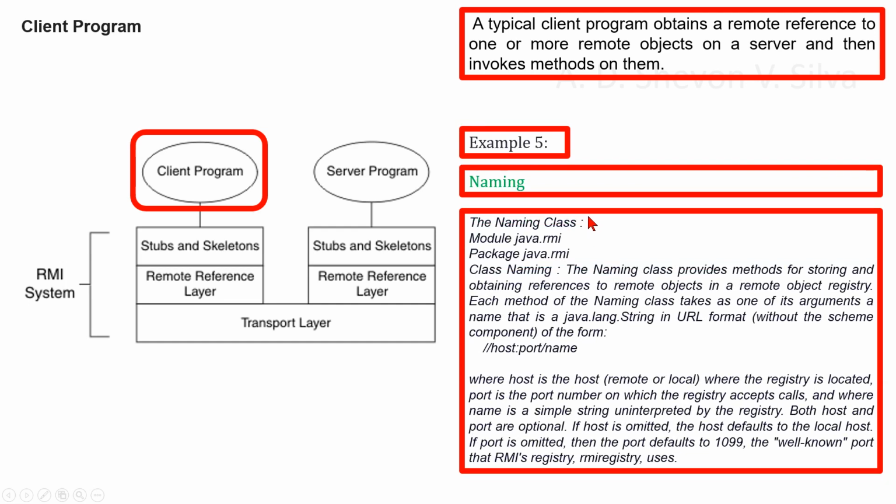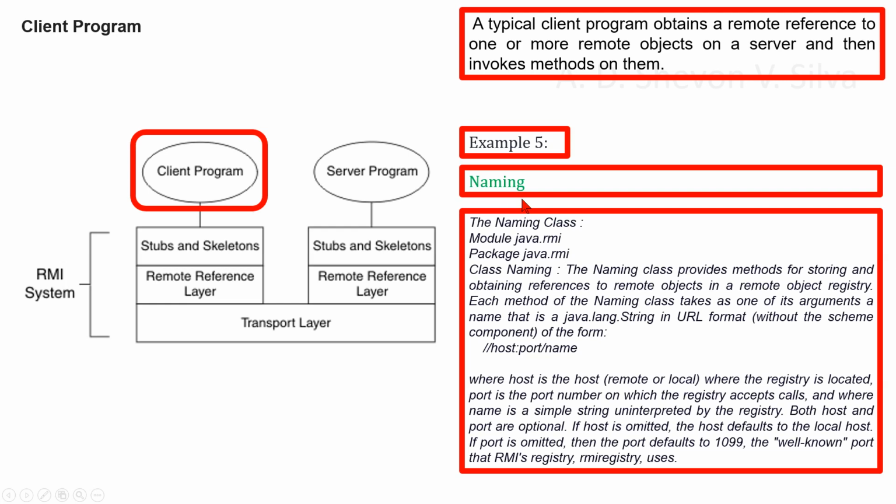Now we are considering the Naming class. Class Naming. The Naming class provides methods for storing and obtaining references to remote objects in a remote object registry.